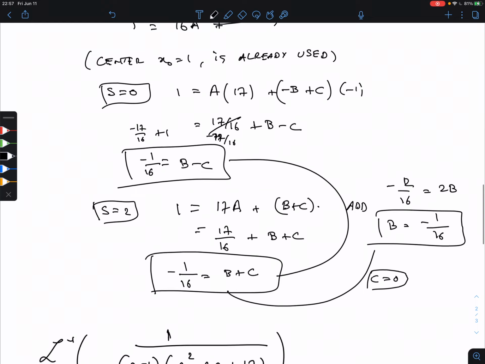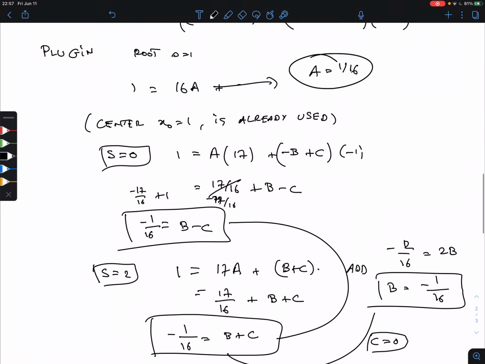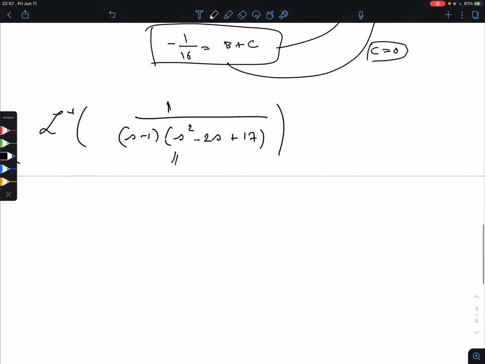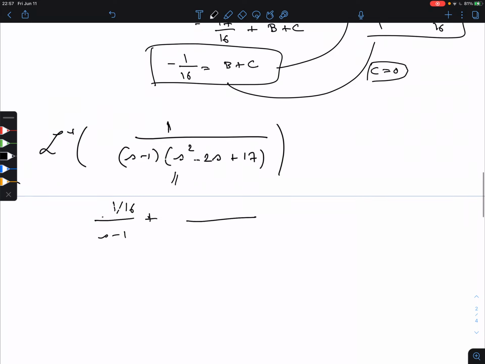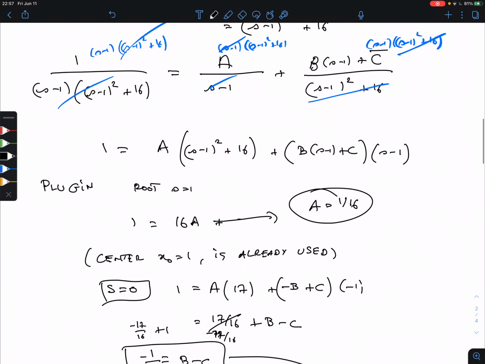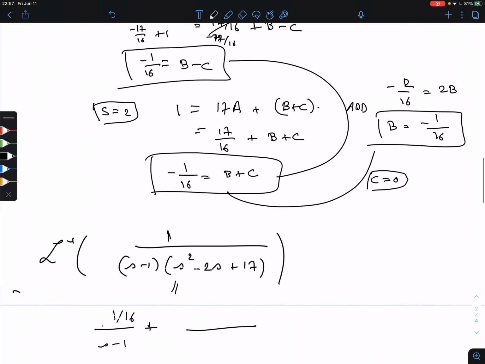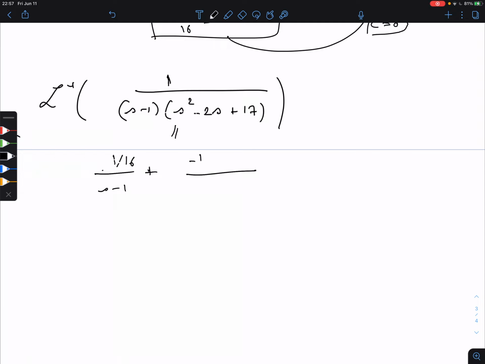Where did my a go? Ah, here. A is 1 over 16, so I get 1 over 16 times 1 over s minus 1 plus, and now what I get here is b, which is minus 1 over 16, times s minus 1 over (s minus 1) squared plus 1.